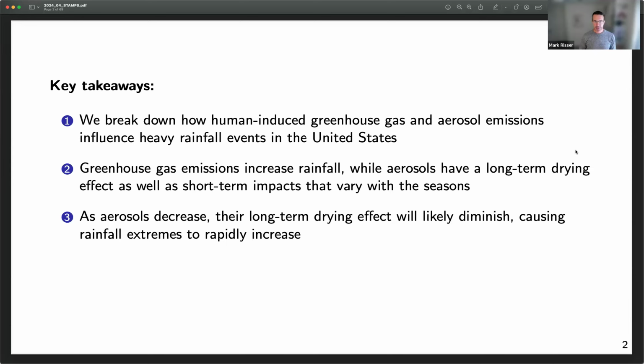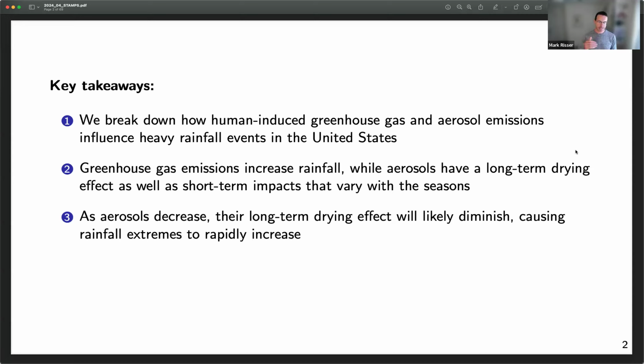The first major thing that we find is that greenhouse gas emissions lead to increases in rainfall extremes. Aerosols have a mixed bag response, and on the longer term, they tend to lead to drying or reductions in extreme rainfall. But on the shorter term, the impact can be quite different across different parts of the year.